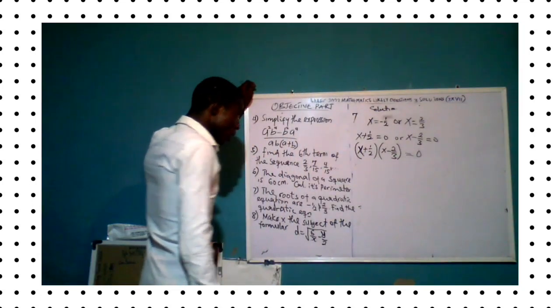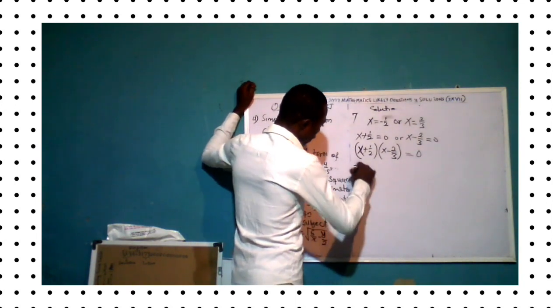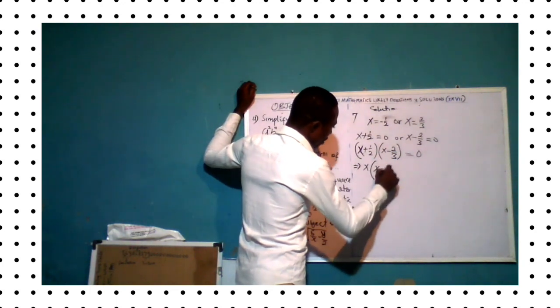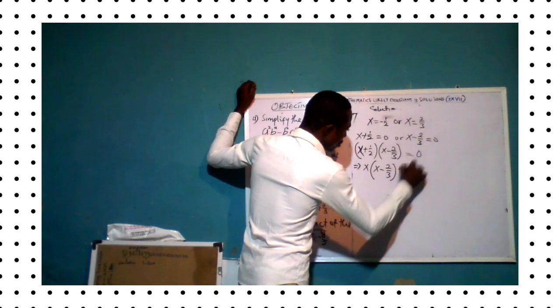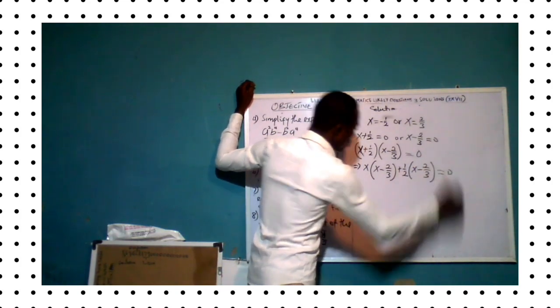Okay? And from here, you can distribute this over this, so that you have x distributed over x minus 2 over 3, and also plus 1 over 2 distributed over x minus 2 over 3, equal to 0.